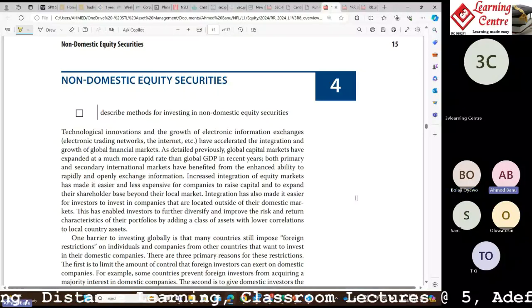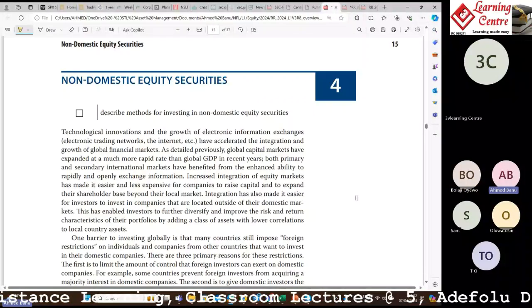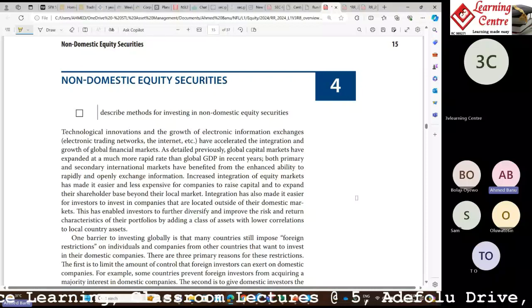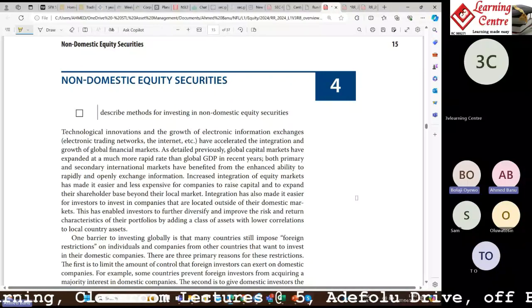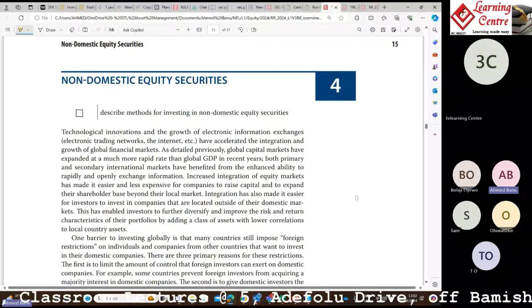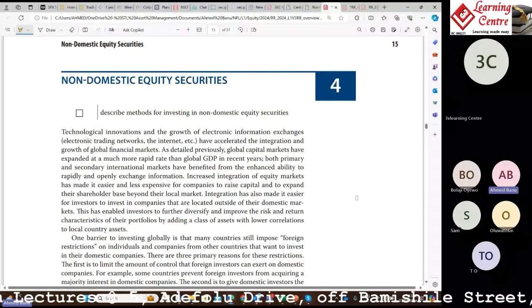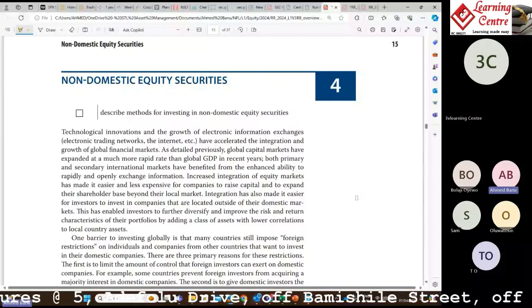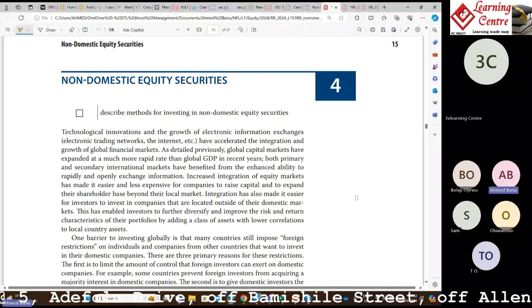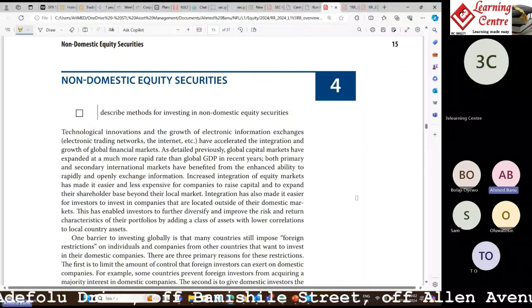Because if I want to buy stocks, I can just go to Bamboo and buy. I can sign up to trading platforms from Nigeria and buy the stocks I want. So that barrier to investing globally has significantly watered down.